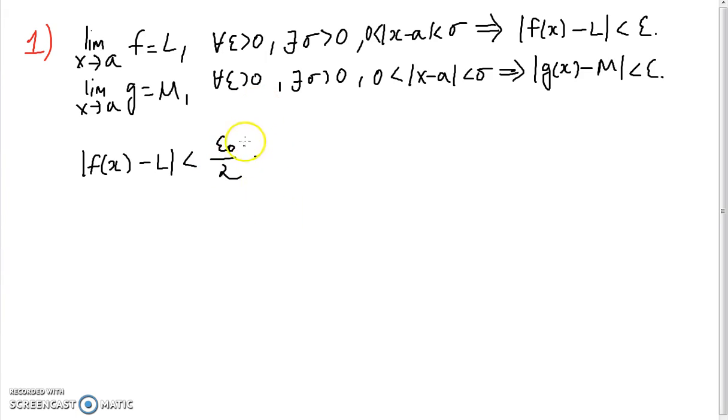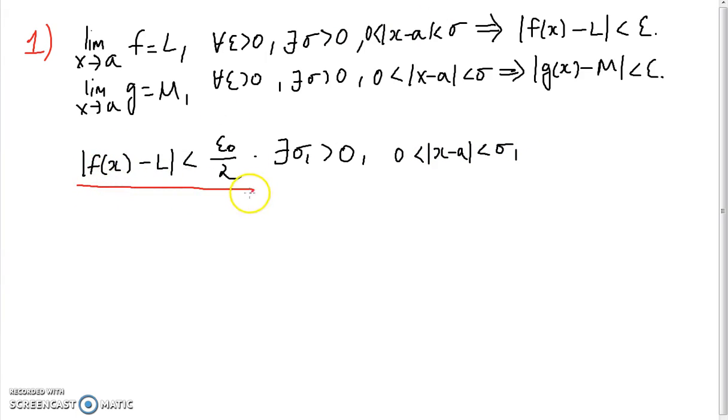Okay, so as per the definition of the limit at a point, we know that there exists some delta 1 greater than 0, so that if the distance between x and a is greater than 0 and less than delta 1, then this, underlined in red, is true.